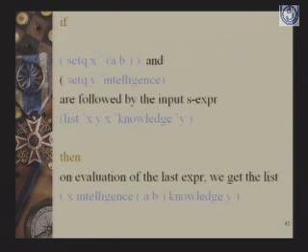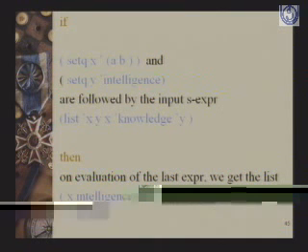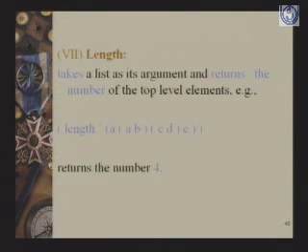And finally, the fourth argument is quoted knowledge, and any quoted S-expression evaluates to whatever is obtained by removing the quote, and hence the length will return the number 4. However, you may say the number of atoms which are present, the number of symbols, is A followed by A, followed by B, followed by C, followed by D, followed by E. That is, in this particular case we could have got 6 elements.